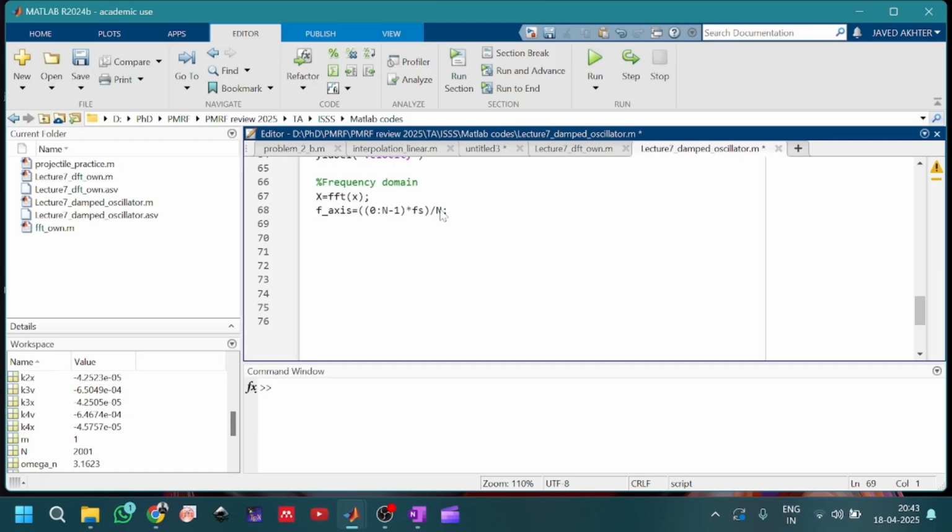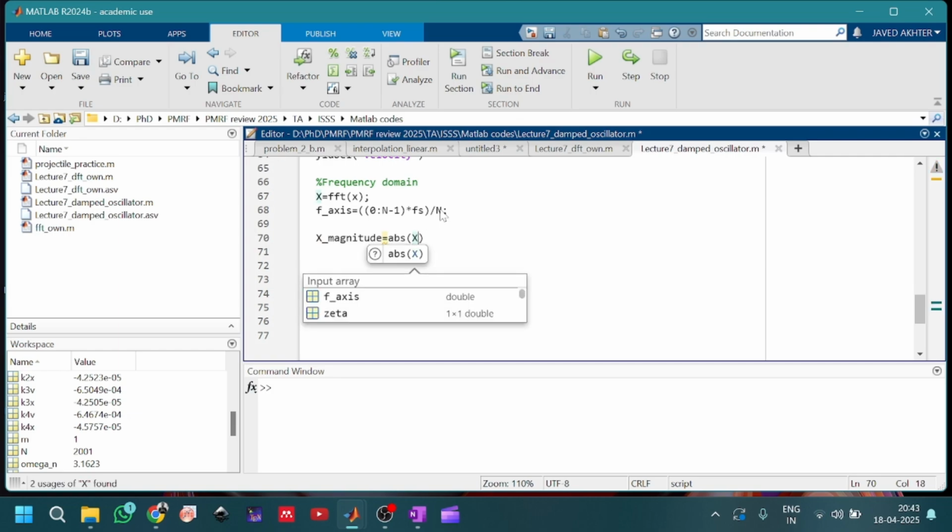So now what do you want to do? Again we have to do the rest of the things. We have to take only one side of the spectrum. So let me write down x magnitude, which is absolute of x, which will be divided by n.